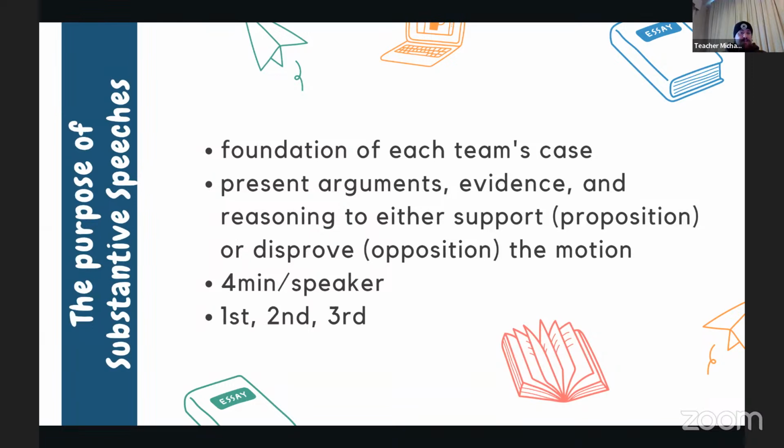Now, each speaker in the NCSN tournament will get 4 minutes to make their substantive speech. And that goes for all three, the first, second, and third speaker of each team.